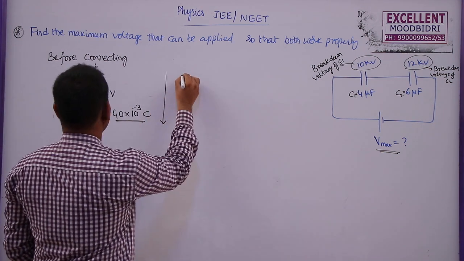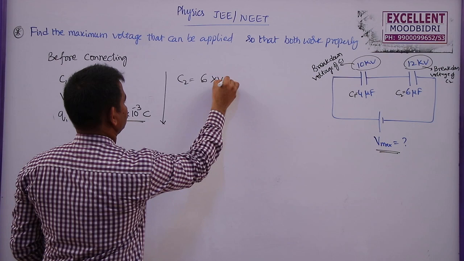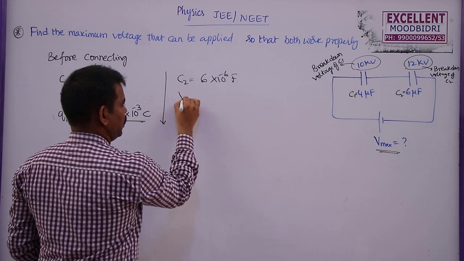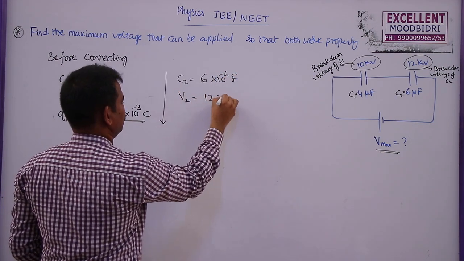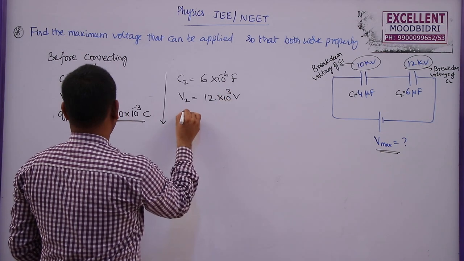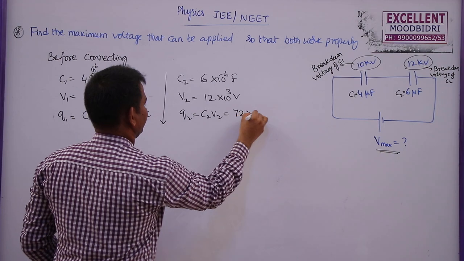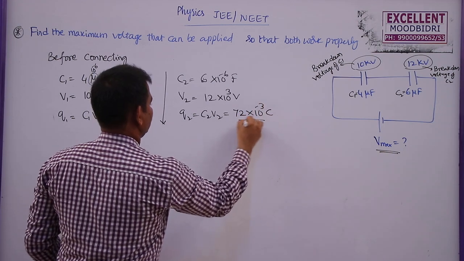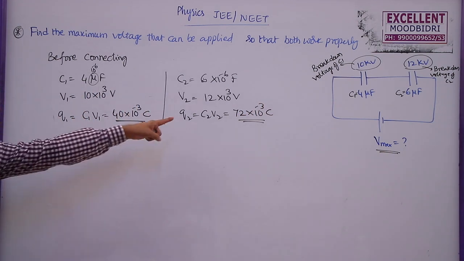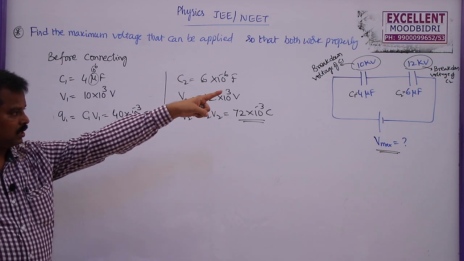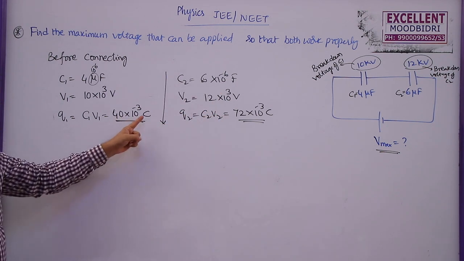Similarly, for the second capacitor C2 is equal to 6 into 10 power minus 6 and the voltage is 12 into 10 power 3 volts, and the charge will be C2 V2, 12 6s are 72 into 10 power minus 3 coulombs. So we can send 72 millicoulombs through the second one and 40 millicoulombs through the first one.